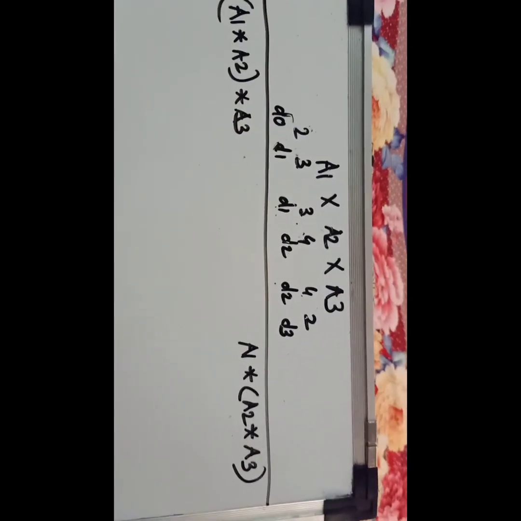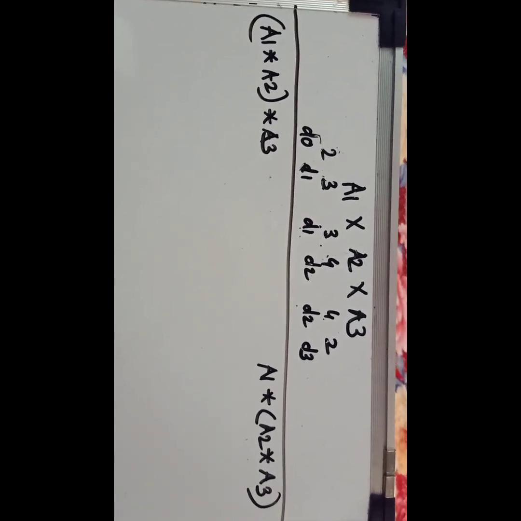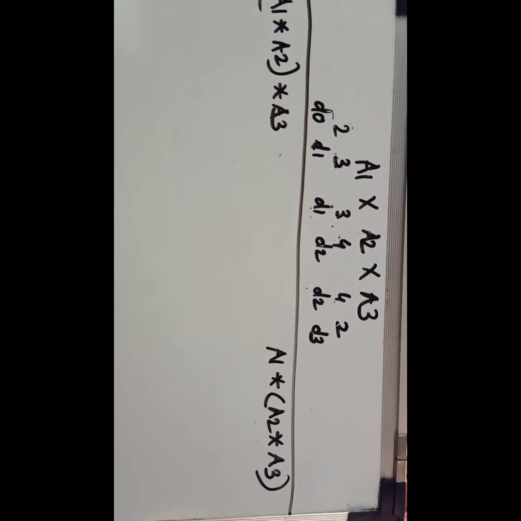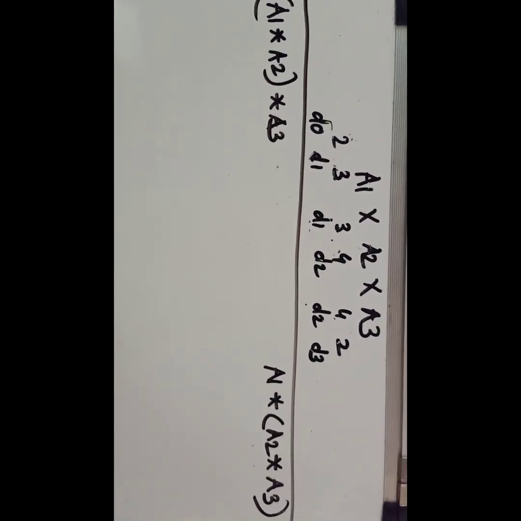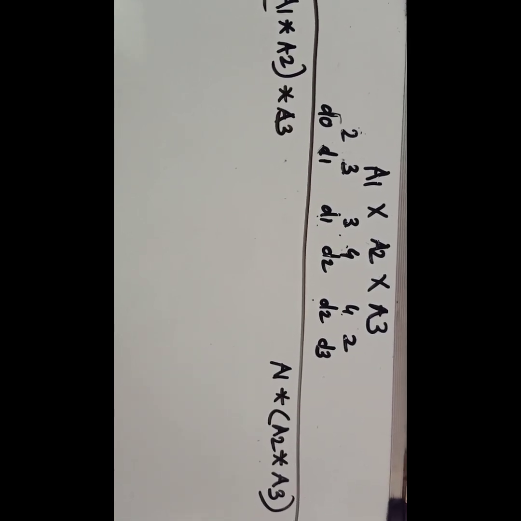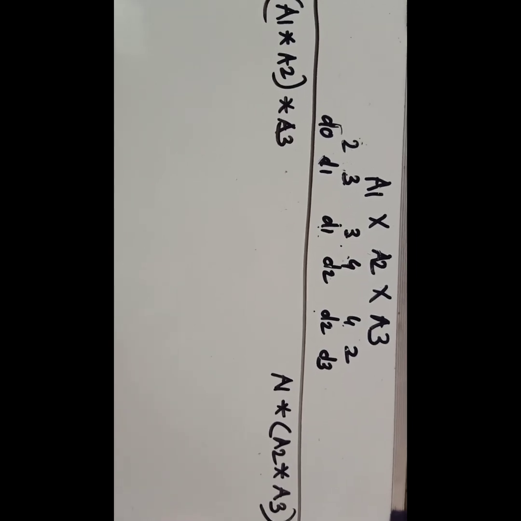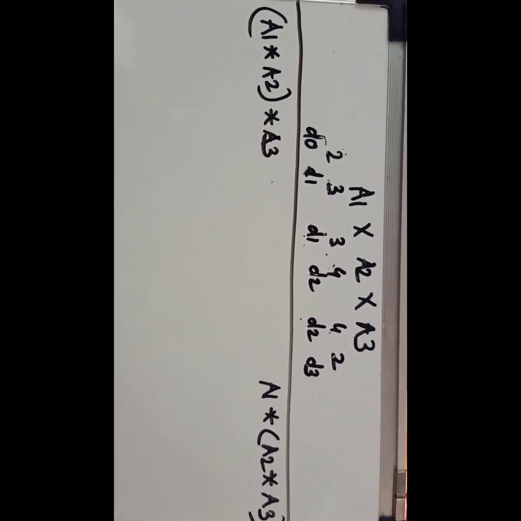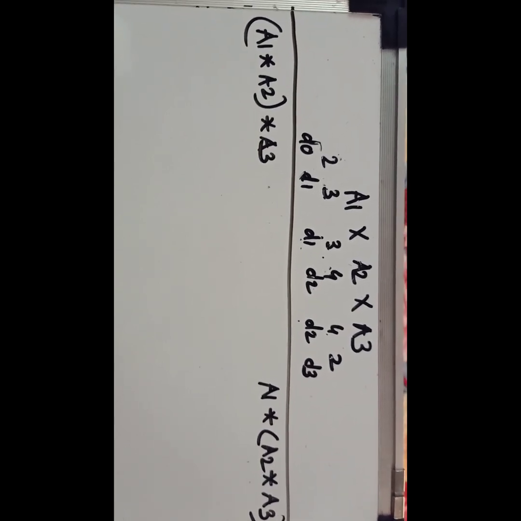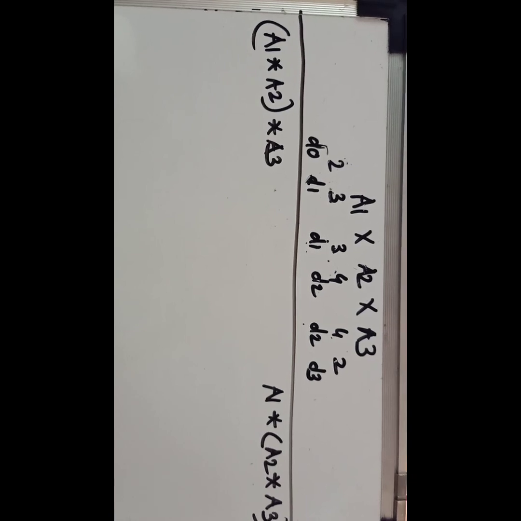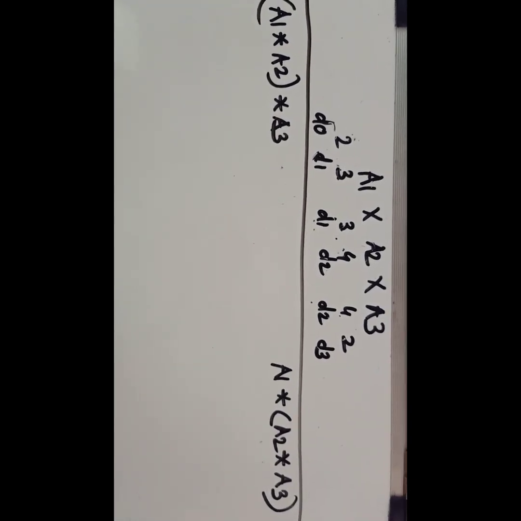Let's solve the example. Now we will understand how dynamic programming can be used for solving this matrix chain multiplication problem. Here the dynamic programming approach tells that we should try all possible parenthesizations and pick up the best one. Like for these three matrices a1, a2, a3, we have generated two sequences. We multiplied a1 and a2 first and the result with a3, and in the second one we multiplied the result of a2 and a3 with a1.